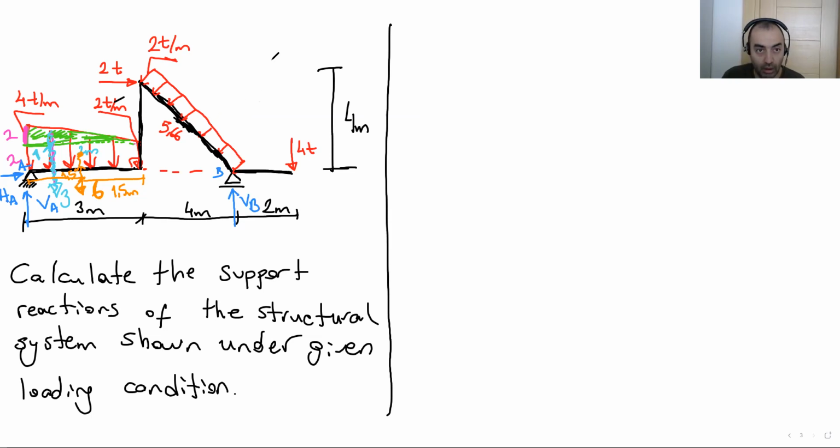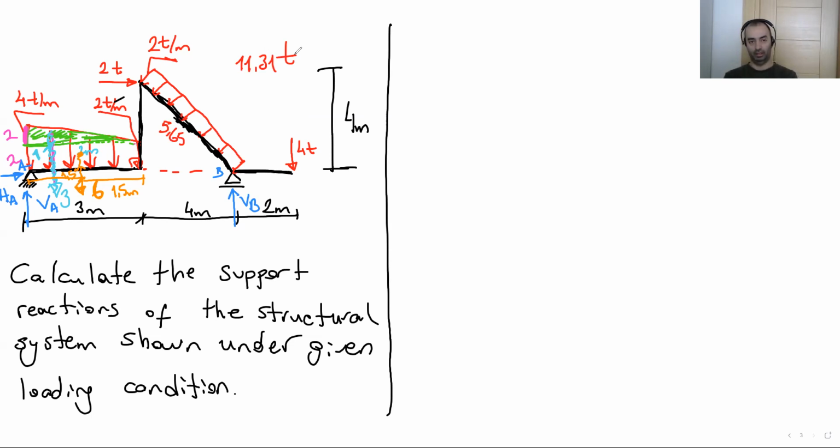Actually, in my calculation I get this part as 5.65, let me change it here. So the magnitude is... ton. Okay, what is the location of this force? Any idea?